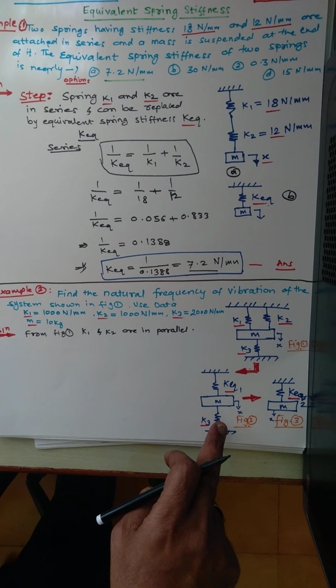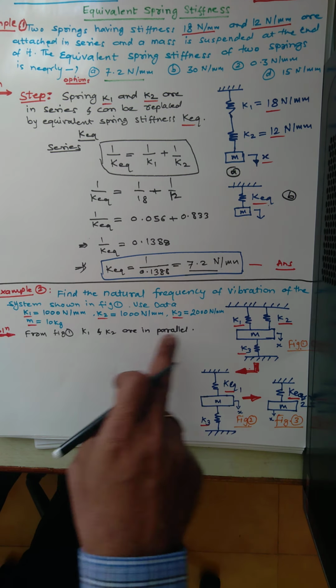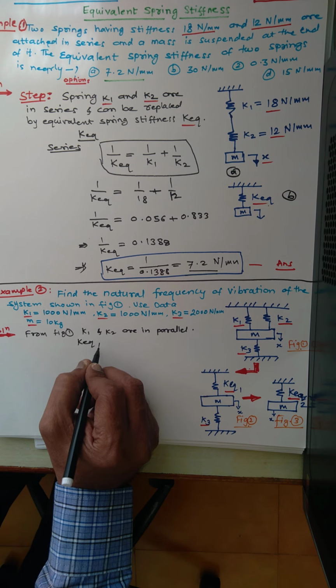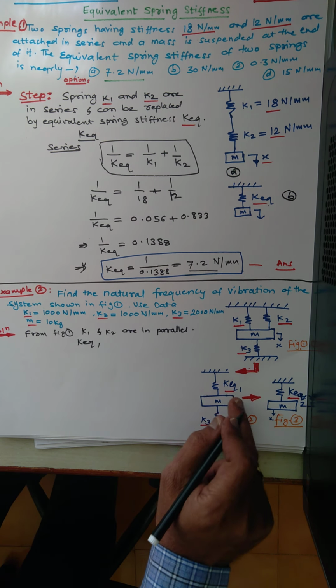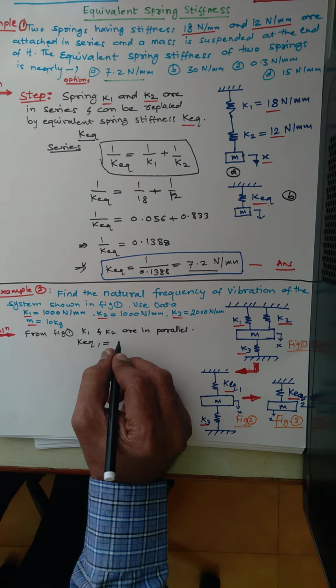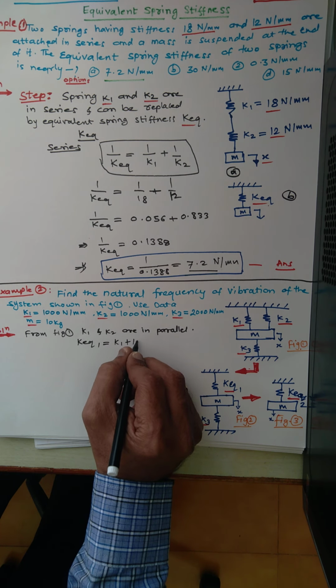Here K1 and K2 are in parallel, and we have to find their equivalent, K equivalent 1. The formula for springs in parallel is K1 plus K2.